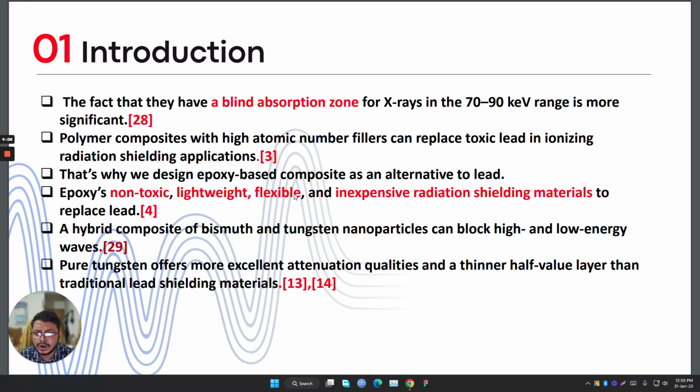A hybrid composite of bismuth and tungsten nanoparticle can block high and low waves. So we used a tungsten nanoparticle as a reinforcing material in epoxy resin. Pure tungsten offers more excellent attenuation qualities and a thinner half-value layer than traditional shielding material.